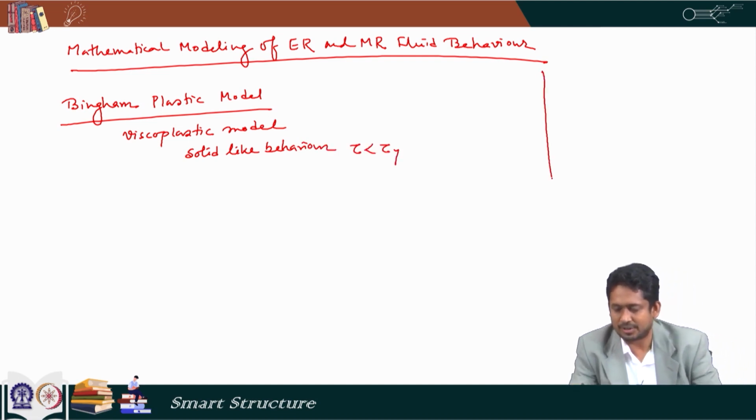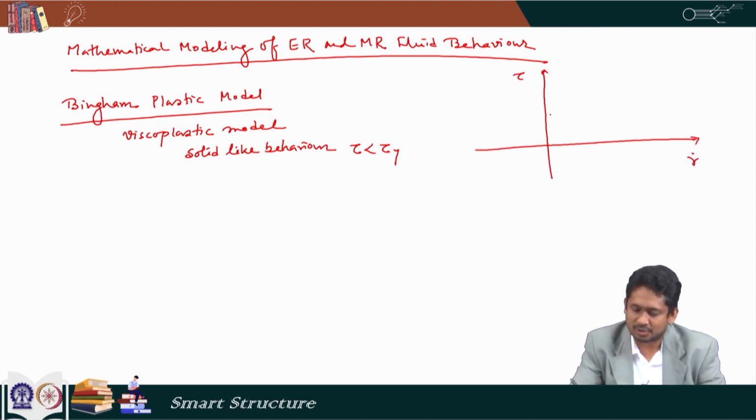So, if I plot tau versus gamma dot, until the stress is tau y, there is no flow. We know that in a solid, if I apply stress, it does not flow. So, that is why till tau y it is a solid-like behavior.